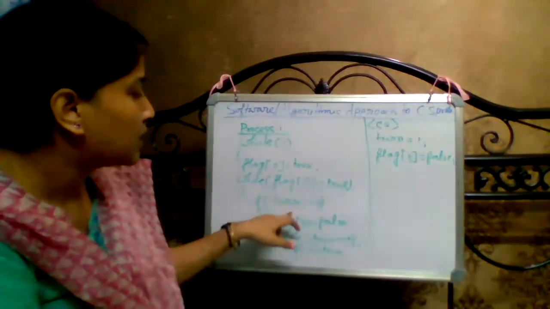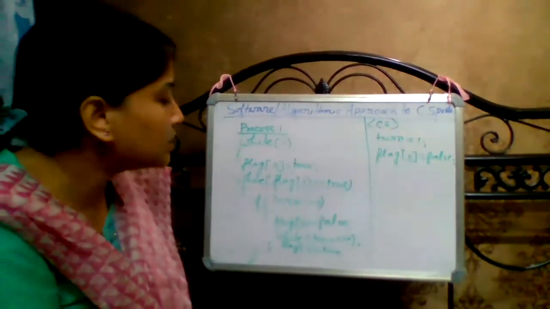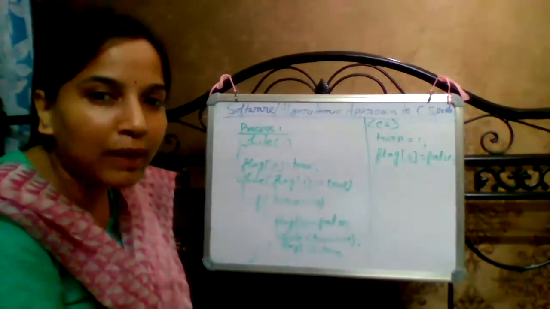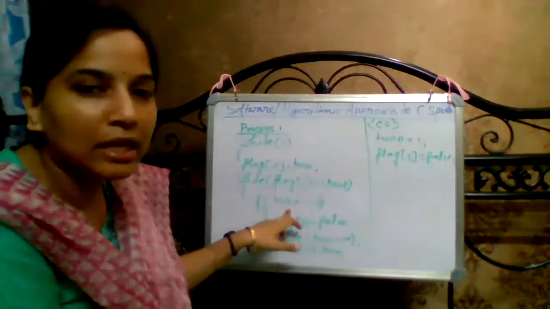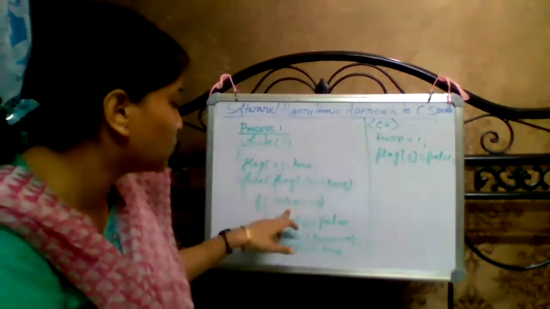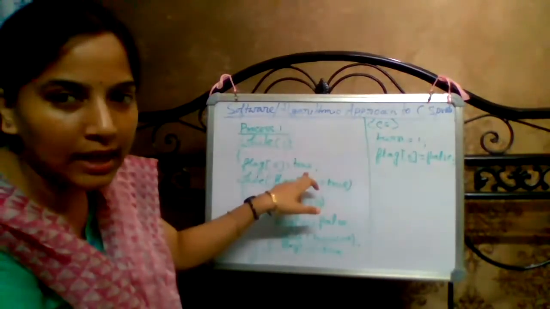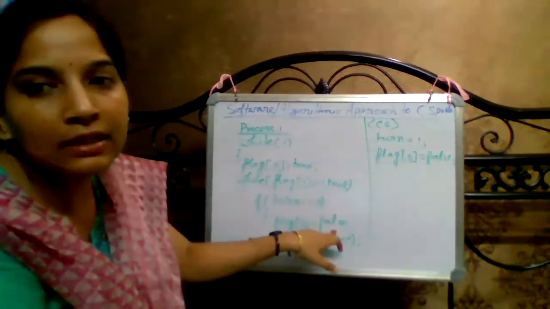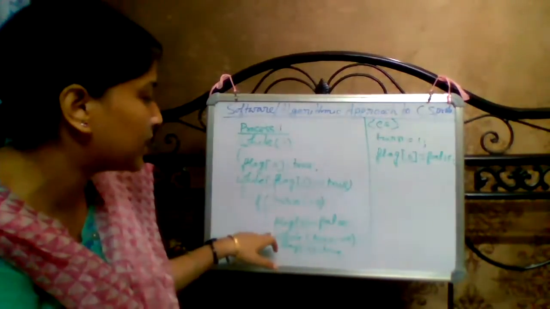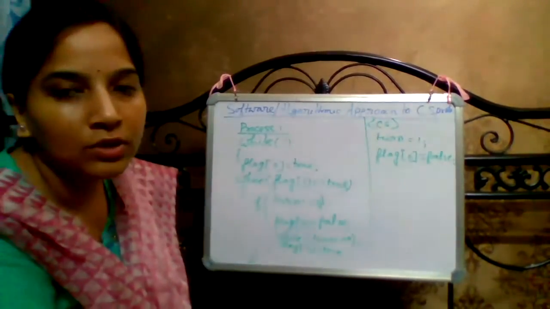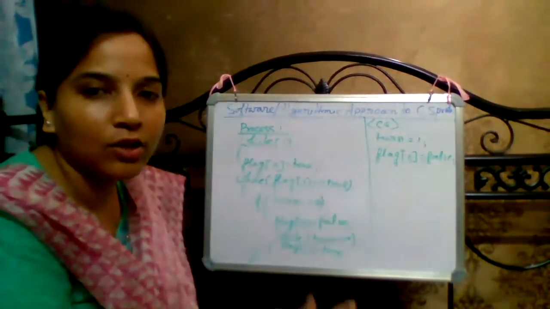So if turn is not equal to 0, that means it is process 2's turn. Process 1 changes flag[0] to false and continuously tests while turn is not equal to 0.